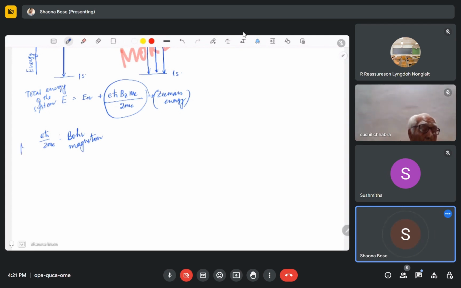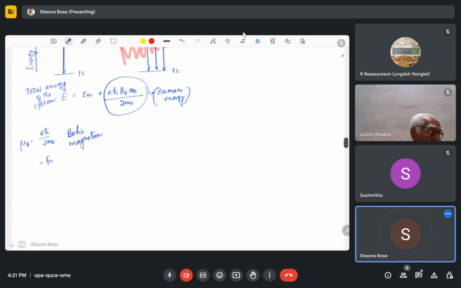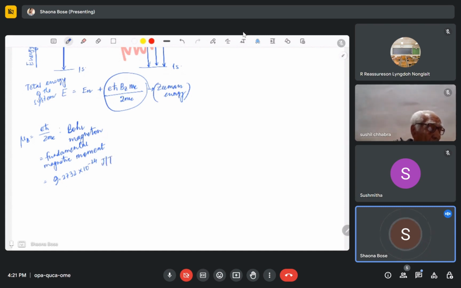This is taken to be the fundamental magnetic moment, mu B. Okay, so this has a definite value, 9.2732 multiplied by 10 raised to the power minus 24 joules per Tesla.